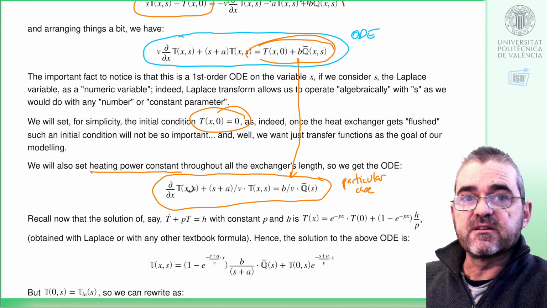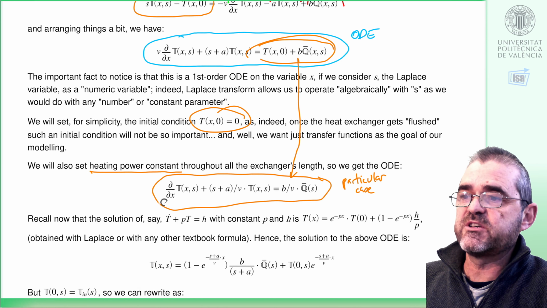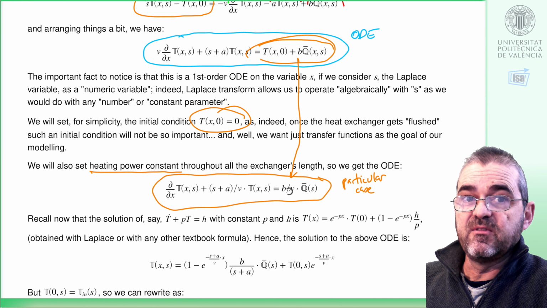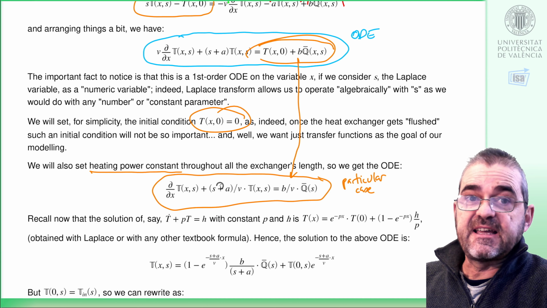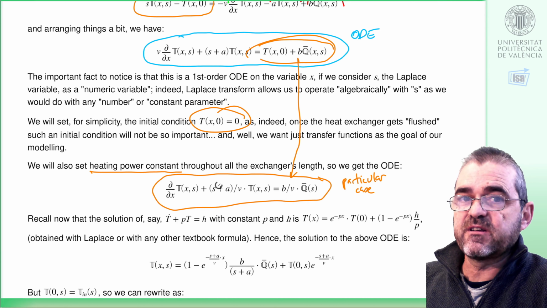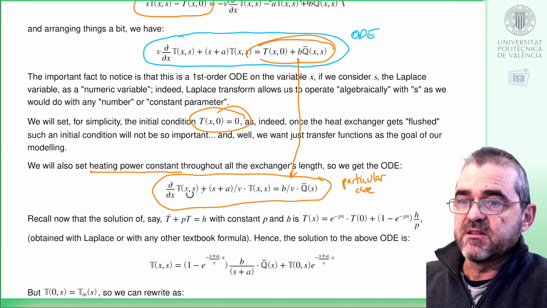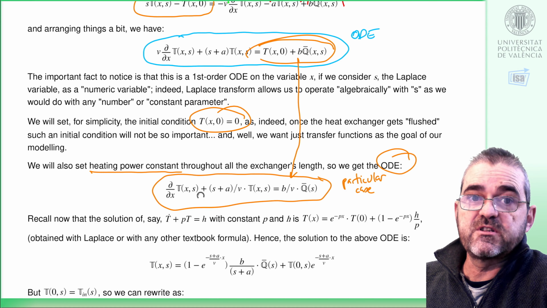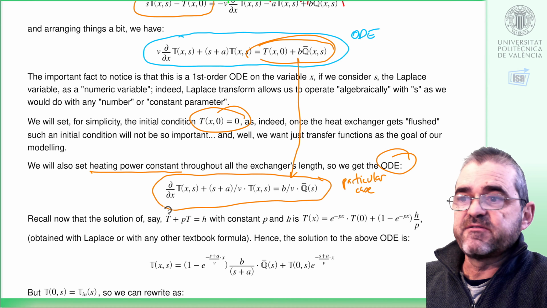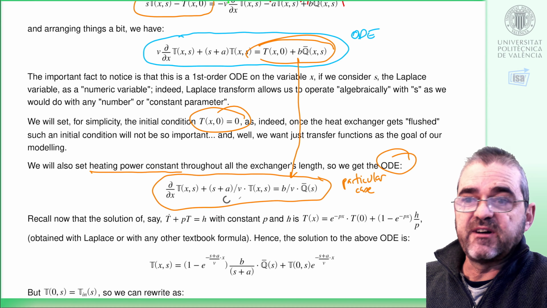So let's concentrate on solving this equation, in which the most important idea is considering that s is an algebraic variable. I am not taking derivatives with respect to it. Then this is an ordinary differential equation in which we take derivatives with respect to just one variable.